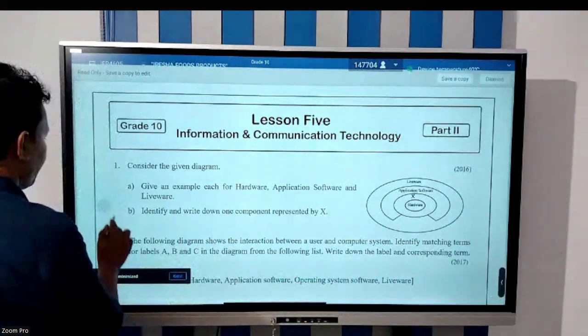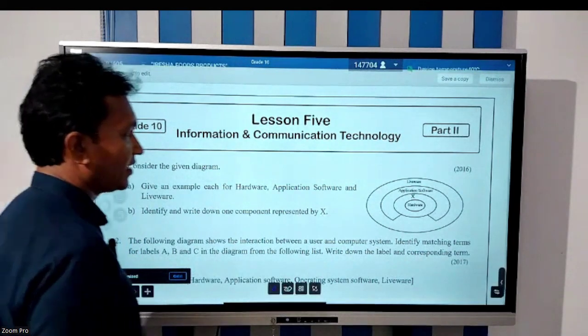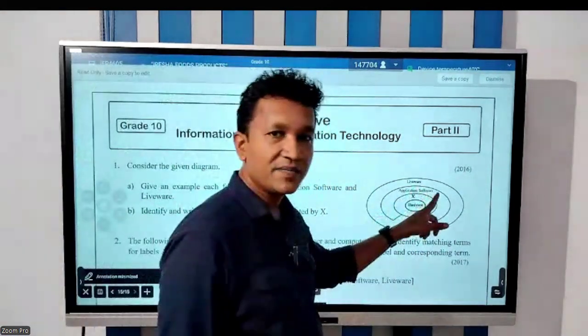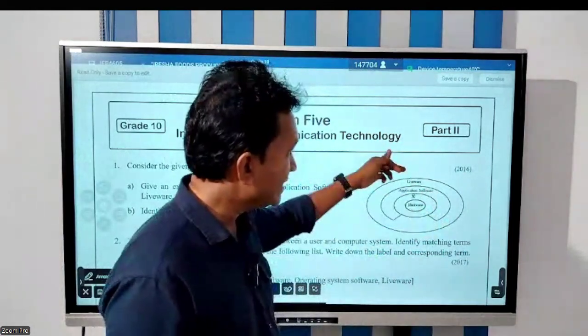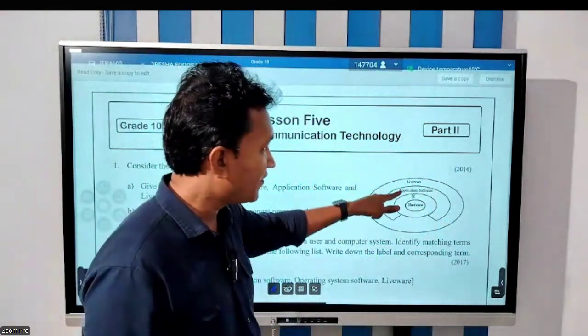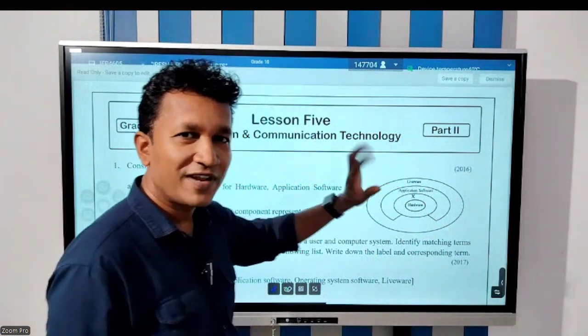Then the important part is liveware. What is the meaning of liveware? It is in the outer circle, after application software. Liveware means the users of the computers. Live users, we call it liveware. Hardware, software, liveware.